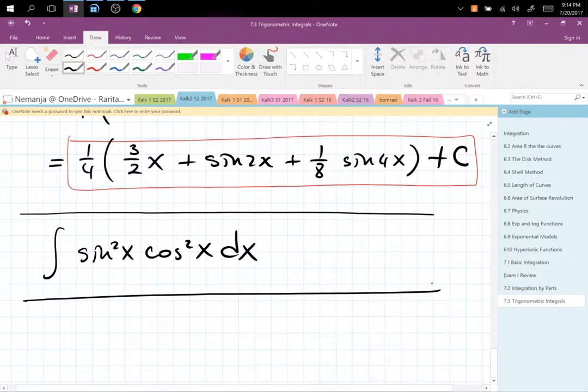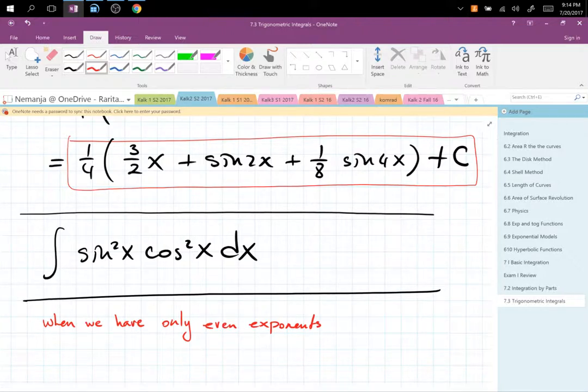So now, when we have only even exponents, I don't like the order of the words in the sentence.